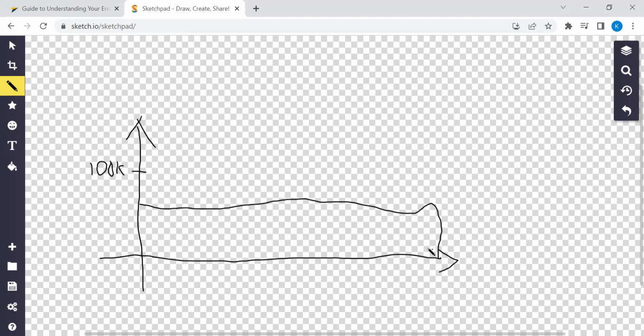I want to draw a straight line. Okay, it's not very nice. Okay, not drawn to scale.